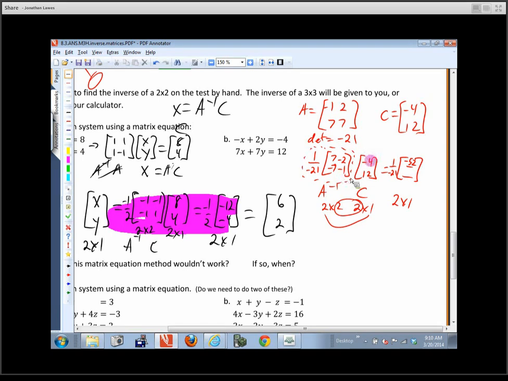Second row, first column, this is going to be 28 minus 12. So this is going to be 16. 28 minus 12. Am I making any silly arithmetic errors? Imagine how awful this would be if I had distributed the negative 1/21 through and I had a bunch of ugly fractions here. Bit of a mess there.